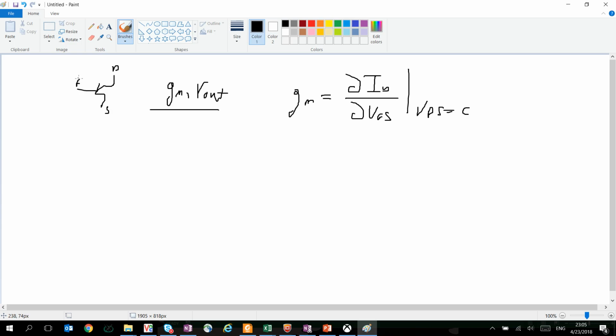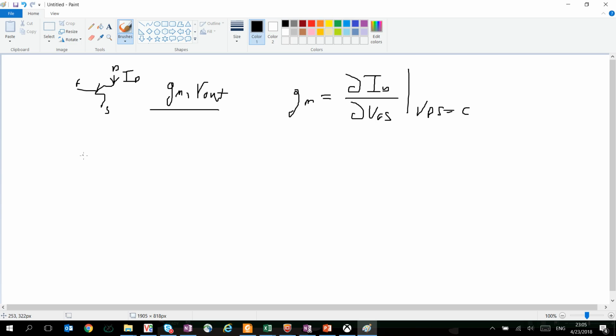This is an NMOS, the terminals of the device. So to calculate the GM, we would have to find this ID that is going through the drain of the device, and take the derivative of it via VGS when the VDS is constant, meaning this would be the mathematical model.